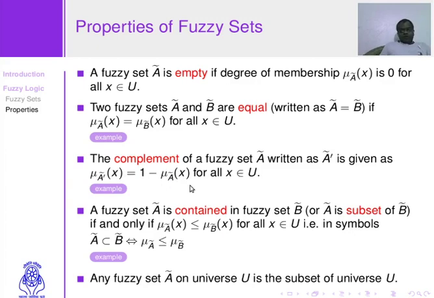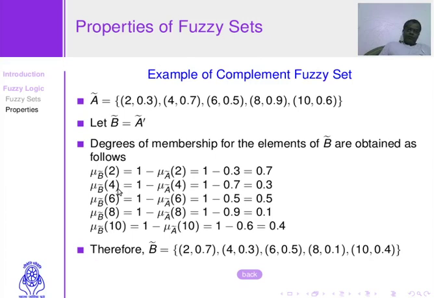Okay, for all the elements in fuzzy set A dash, the degree of membership is obtained by subtracting corresponding degree of membership from 1. Okay, let us consider an example for this case.